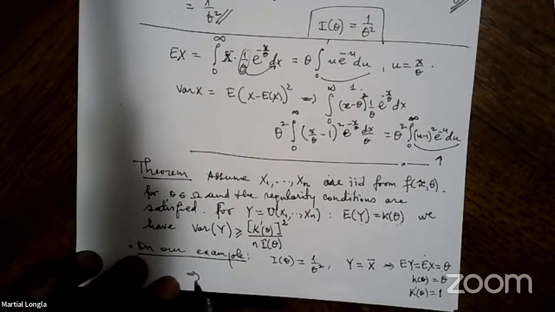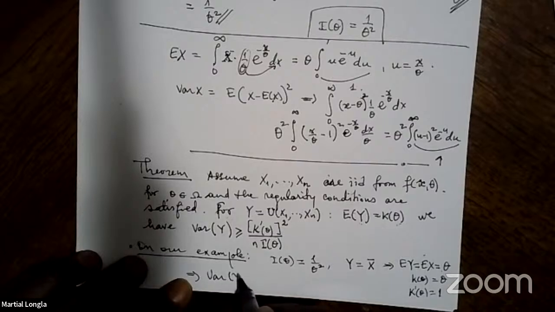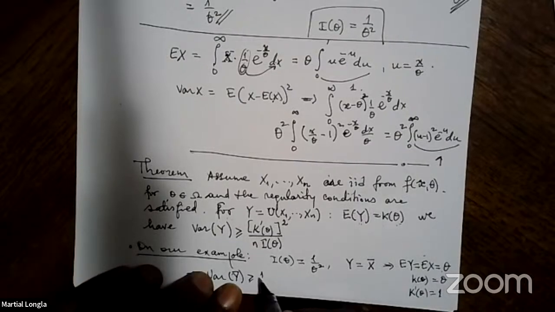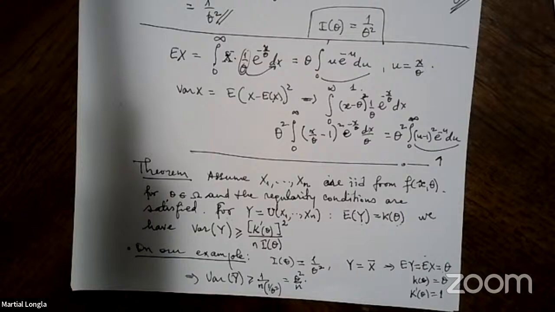So this theorem says that variance of x bar is larger than or equal to 1 over n times 1 over theta squared, which is theta squared over n, right?